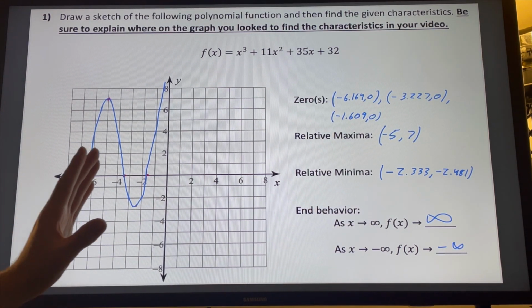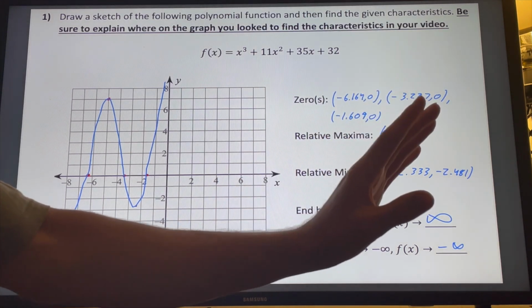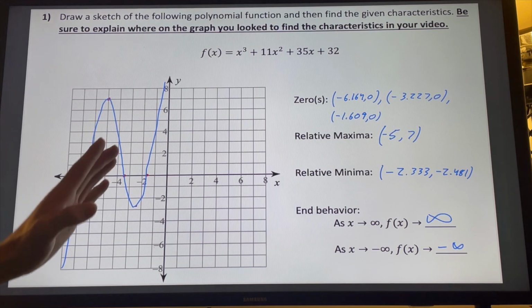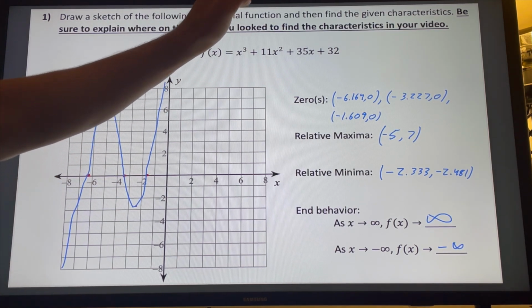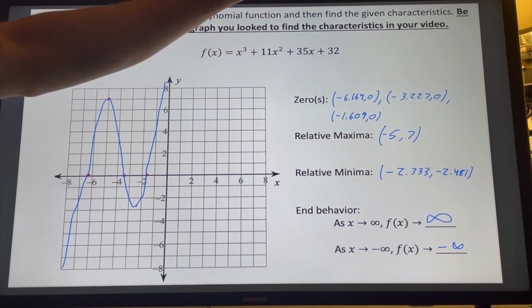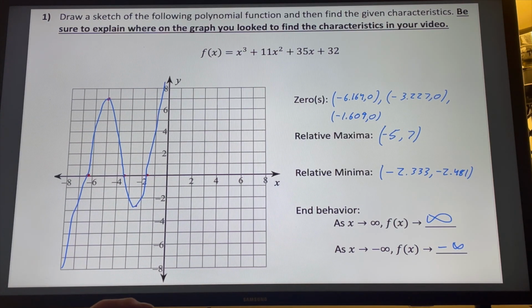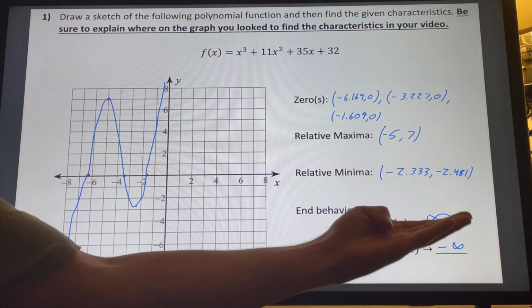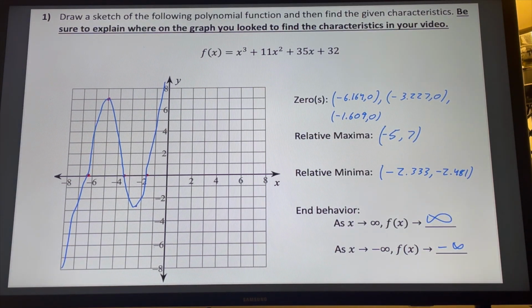As we're getting more positively infinite, our graph is going up, and it's becoming more positively infinite. So as x approaches infinity, f of x is also approaching infinity. That's why it's positive infinity over here instead of negative infinity.